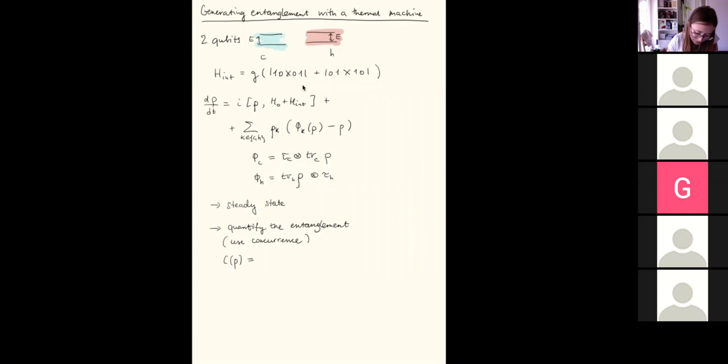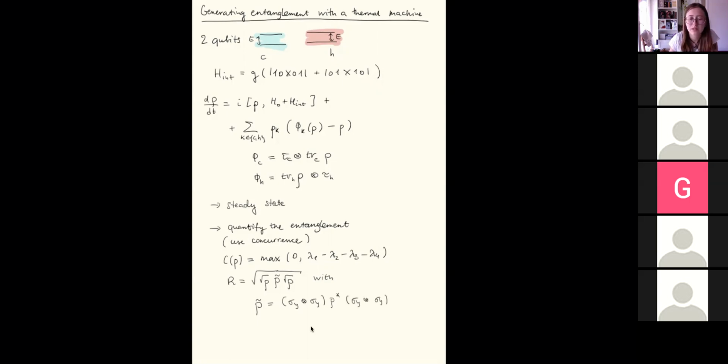So C of rho is the maximum of 0 and lambda_1 minus lambda_2 minus lambda_3 minus lambda_4, where lambda_1, lambda_2, lambda_3, and lambda_4 are the eigenvalues of the matrix R, which is defined in the following way: square root of rho, times rho tilde, times square root of rho, with rho tilde equal to sigma_y, rho conjugate, sigma_y.